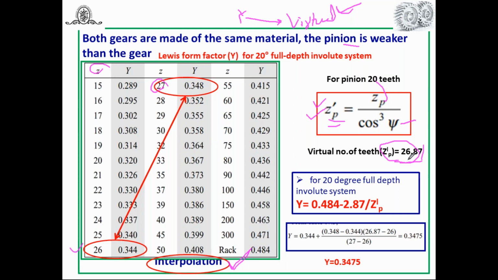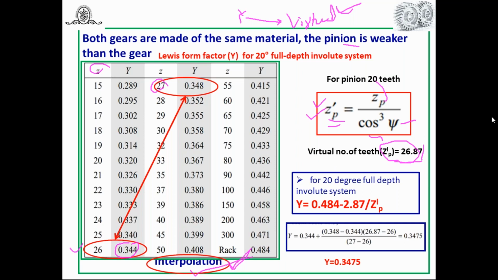Zp dash is not a full or integer value here. It's 26.87, not 26 or 27. If your calculated value is 26, you can directly take the Lewis form factor Y equal to 0.34. But here it's 26.87, which lies in between 26 and 27. That's why you have to use interpolation.